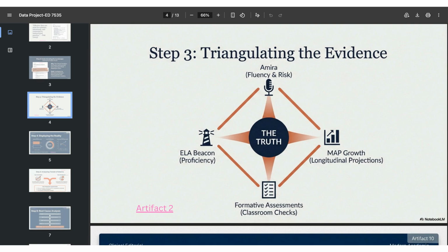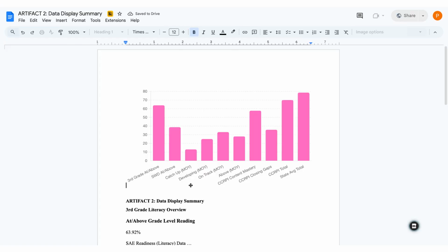Data were organized into bar graphs, comprehension charts, trend lines, using digital presentation tools. These visual formats allowed the team to interpret patterns quickly and efficiently. We do have some artifacts, those data display charts, and we also de-identified student data tables. And here's an artifact to support those particular discussions.